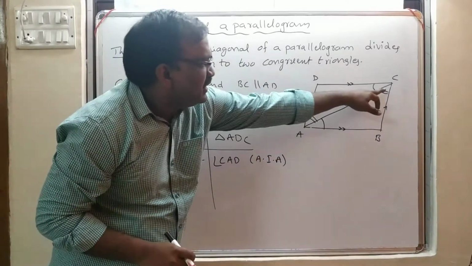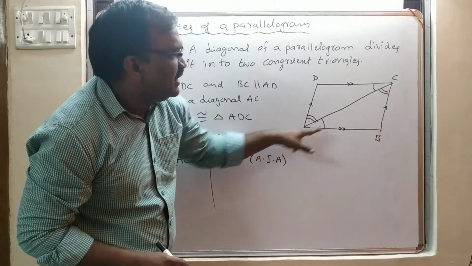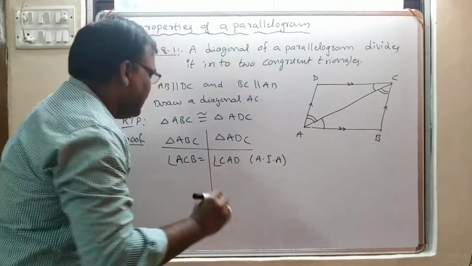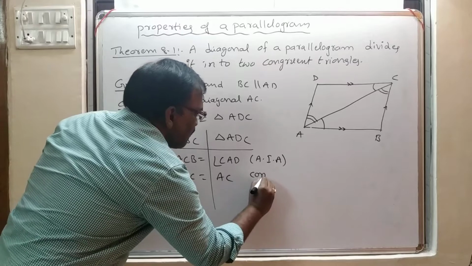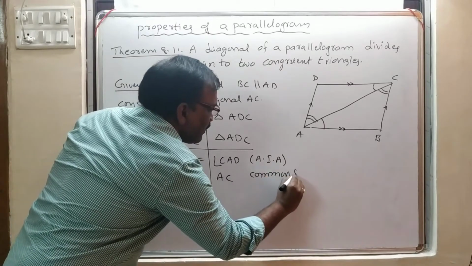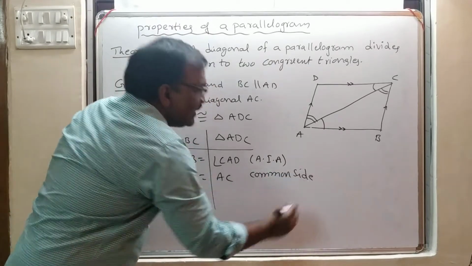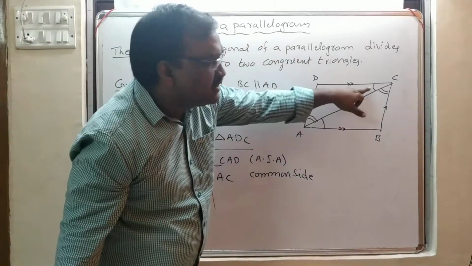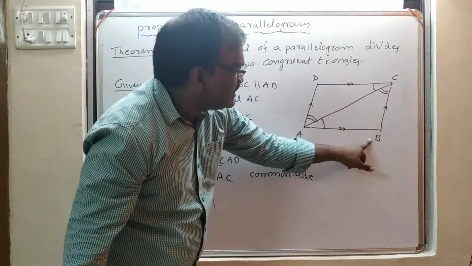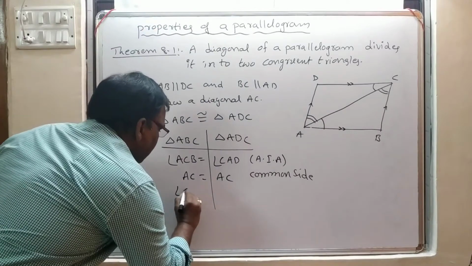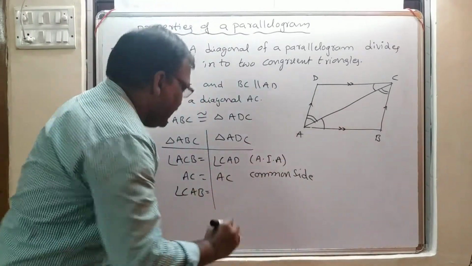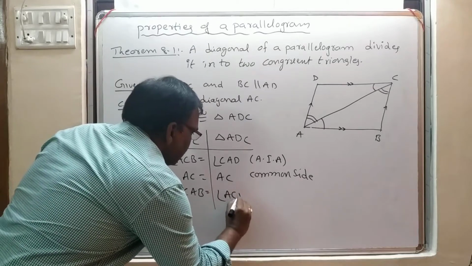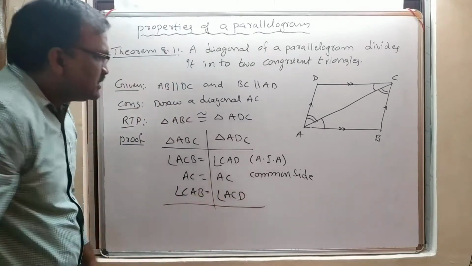Before that, AC is the common side. AC is equal to AC. Common side, and this angle is equal to this angle. So angle CAB is equal to angle ACD.